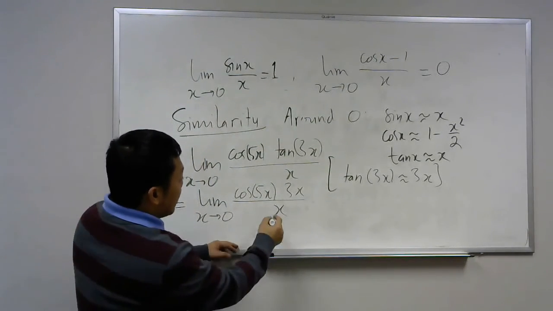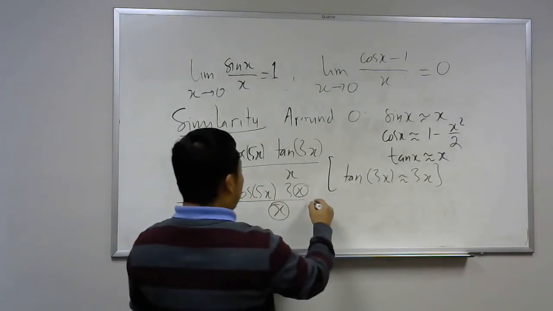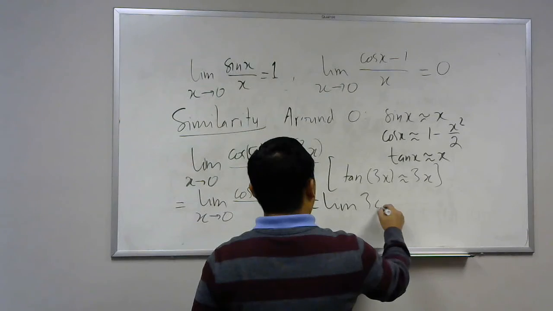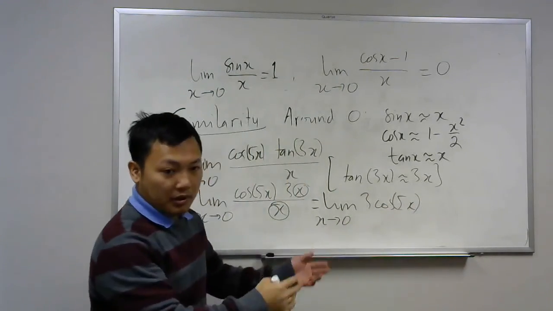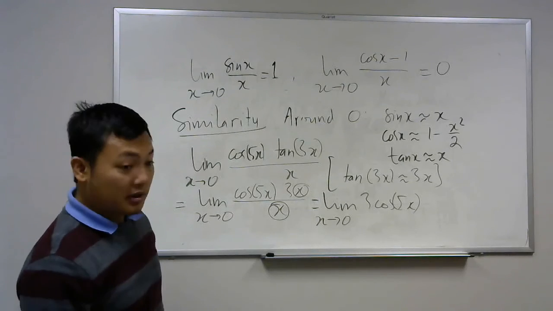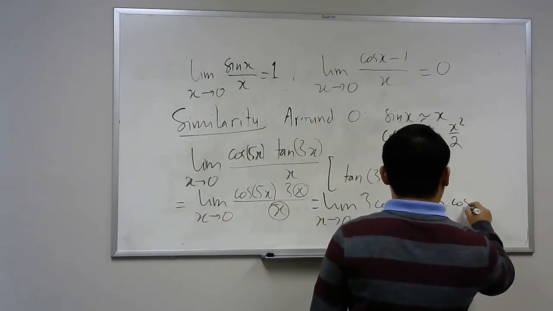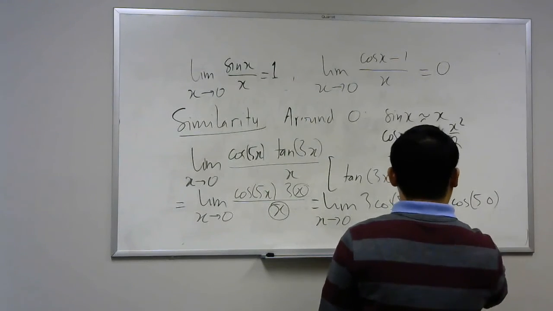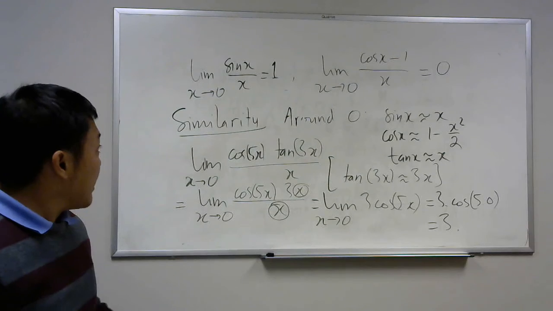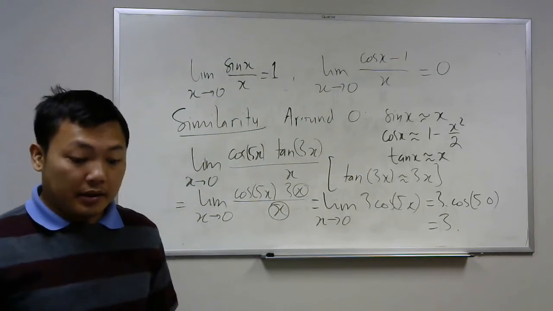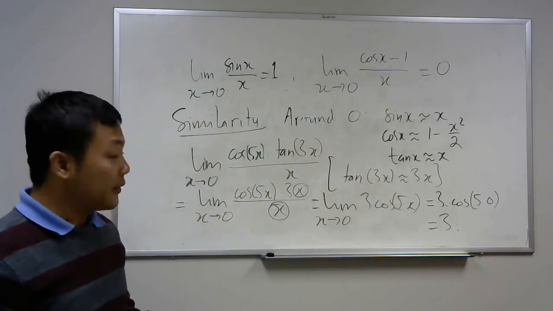And you simplify x with this guy, you have 3 cosine 5x, and you plug 0 into this function, you get 3 cosine 0, which is 3. Yeah, that's how we can use similarity when we consider limits with trig functions at 0.